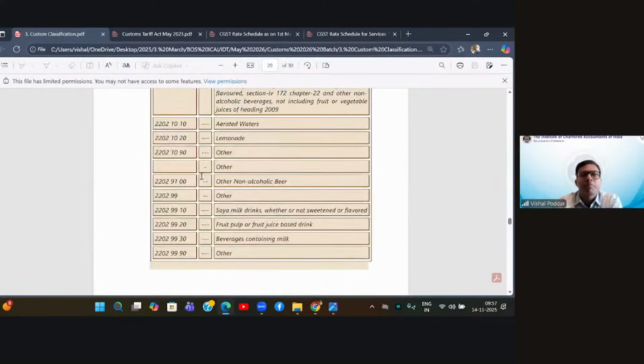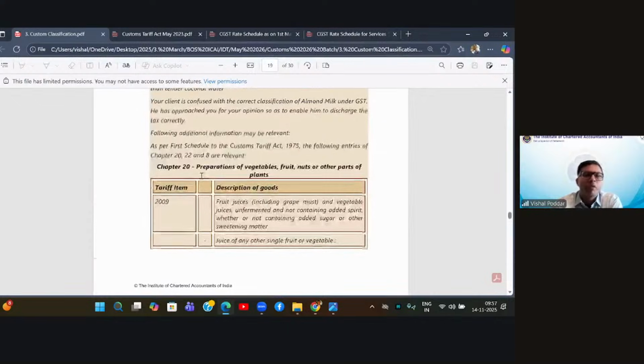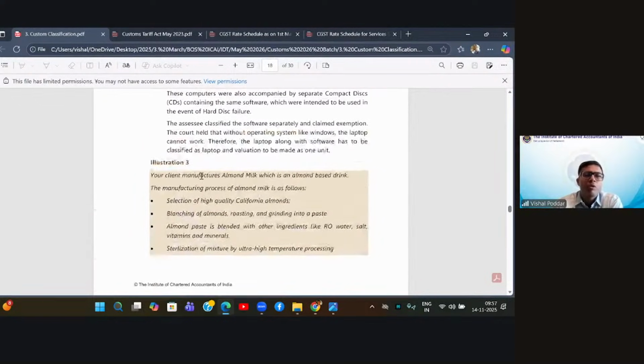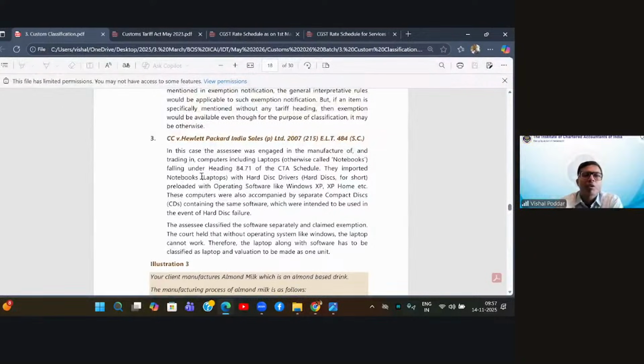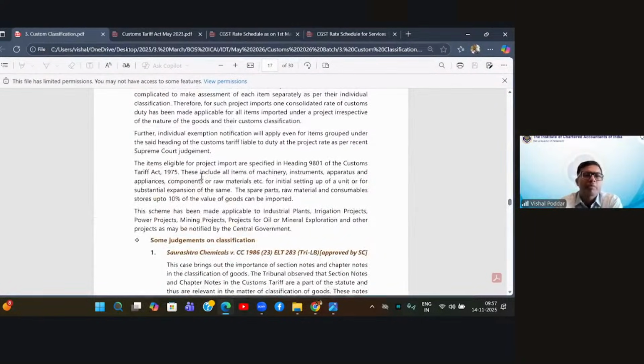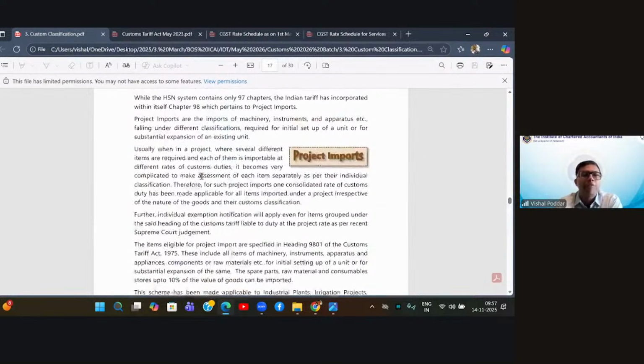Very beautiful examples are given for every rule, every point that we discussed. When you read these examples, you will be able to understand and apply all these rules in a much better manner, because all these examples have very good references to the respective rules and how these rules are applied. You will find some case laws, because if there was some dispute on a related rule, how the courts have interpreted the rule, everything is given.